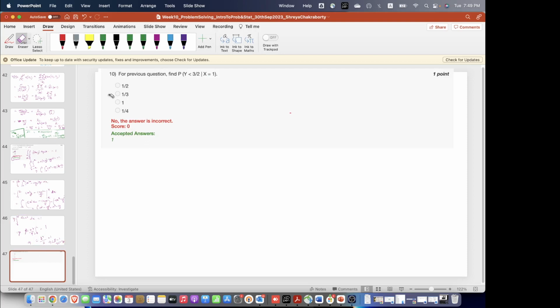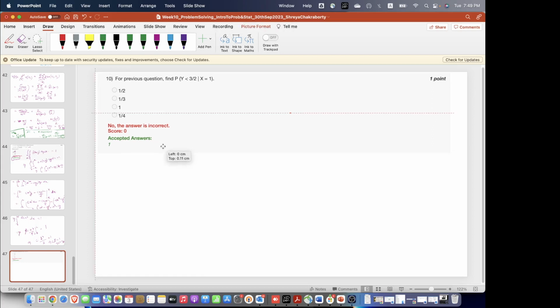Here the question is, for the previous question, find probability y less than 3 by 2 given x equal to 1. So we have to find out the conditional distribution here.